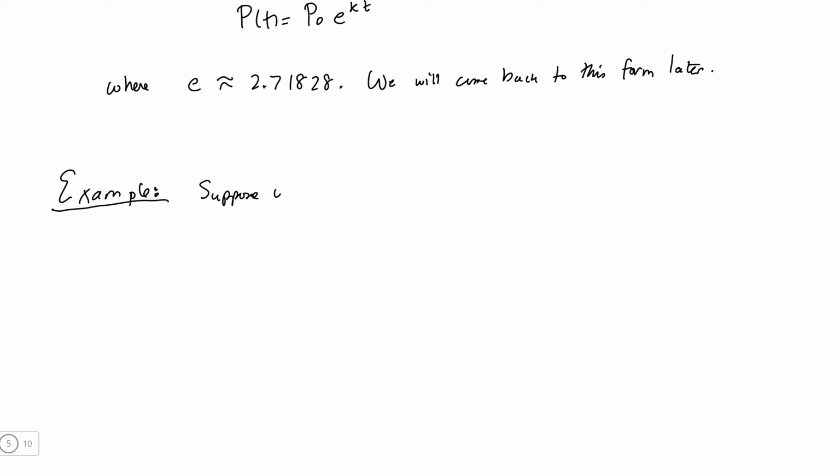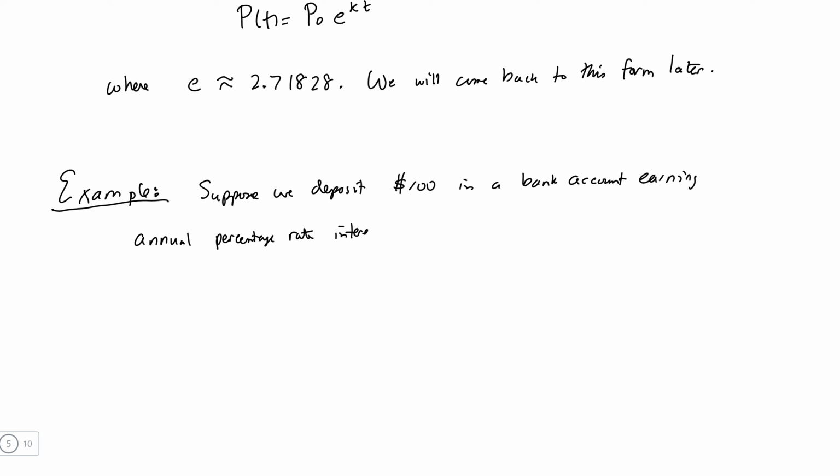Let's suppose we deposit $100 in a bank account earning an annual percentage rate of interest. This is usually written as APR. Let's say of 4%. If you have a bank account, you'll be able to see what the annual percentage rate is, and that's what this corresponds to.